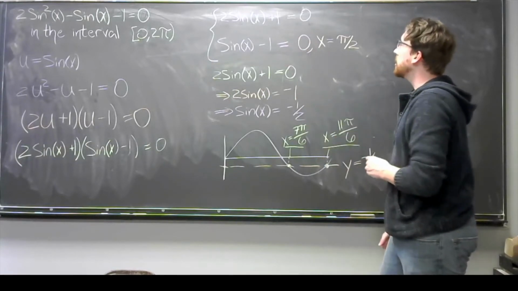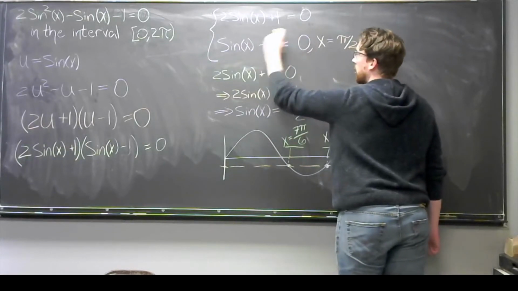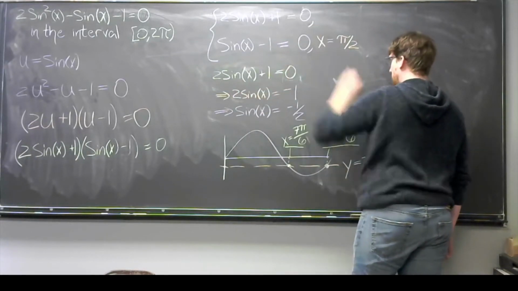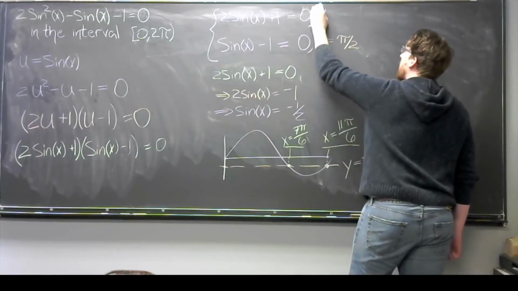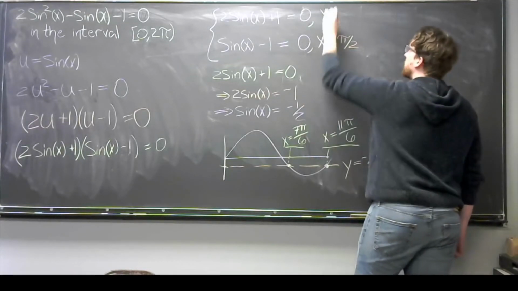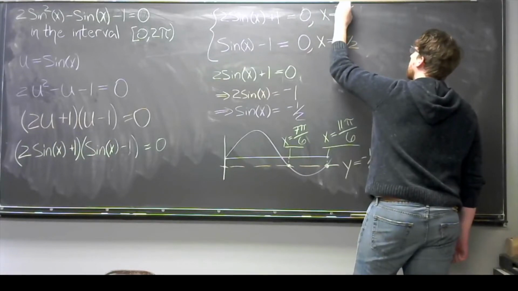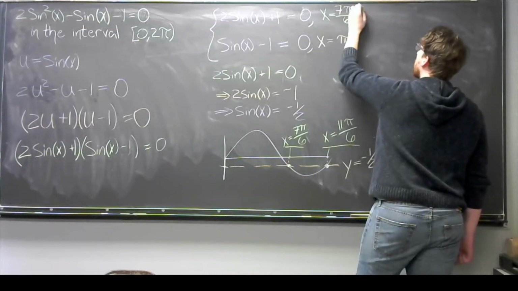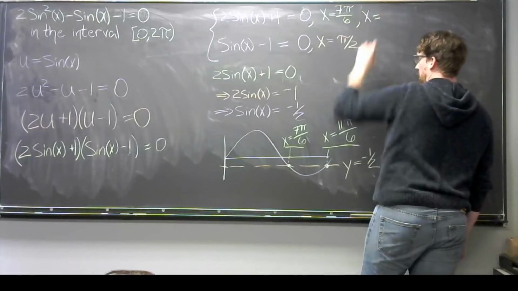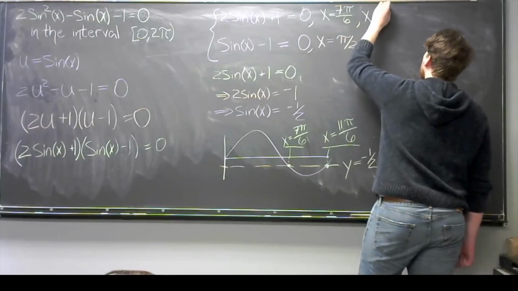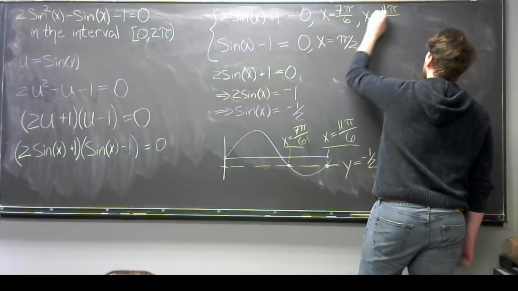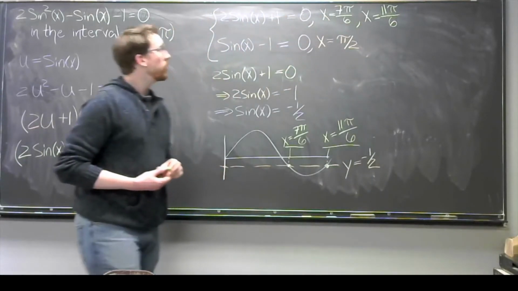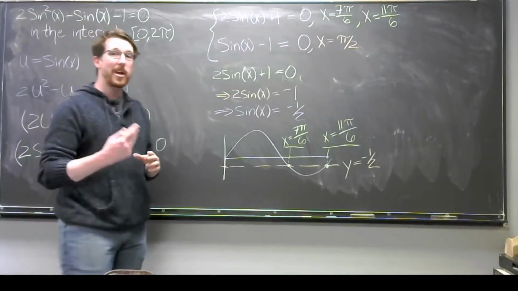So the answer to this top part, which is 2 sine of x plus 1 equals 0, is whenever x is equal to 7 pi over 6, or x is equal to 11 pi over 6. And that's it. Those are our 3 answers. We have 3 answers in this case, and those are them.